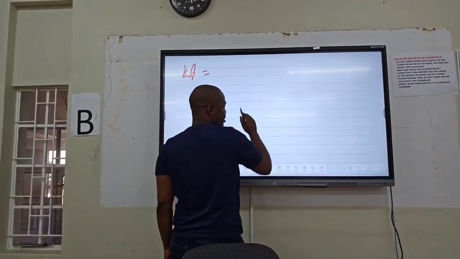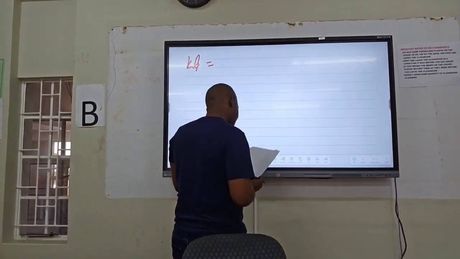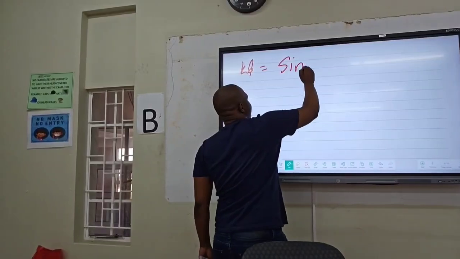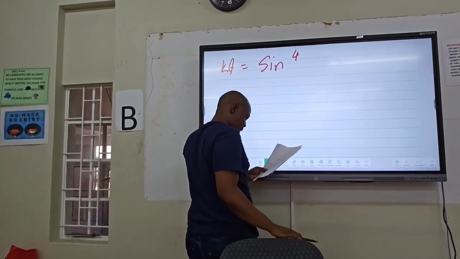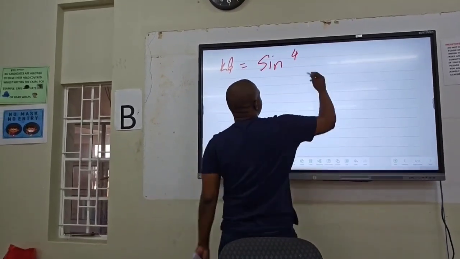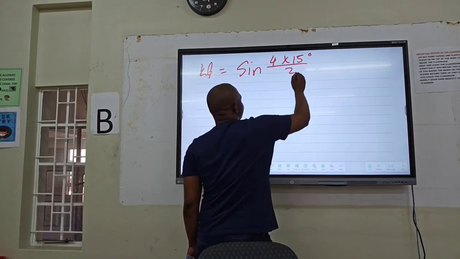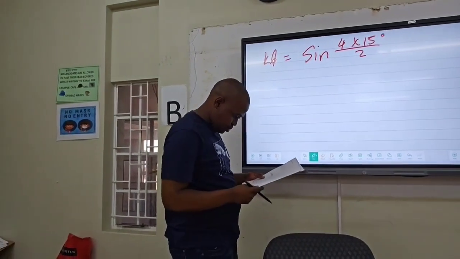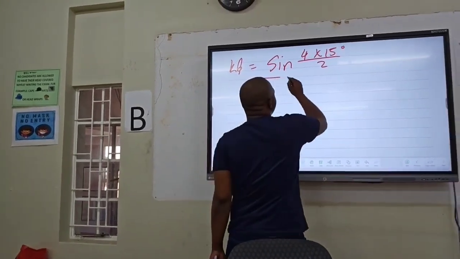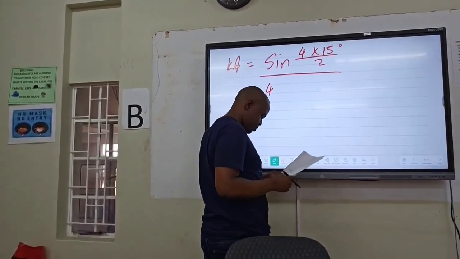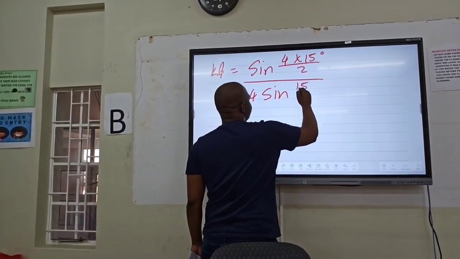It is sine of mu times alpha over 2, over mu times sine of alpha over 2. That is sine of 4 times 15 divided by 2, over 4 sine of 15 divided by 2.